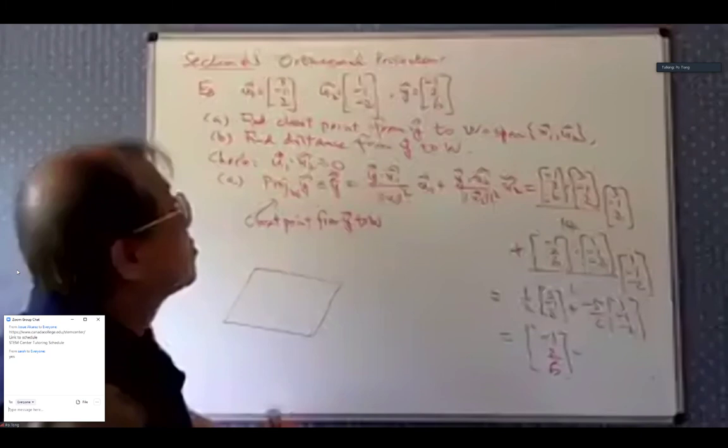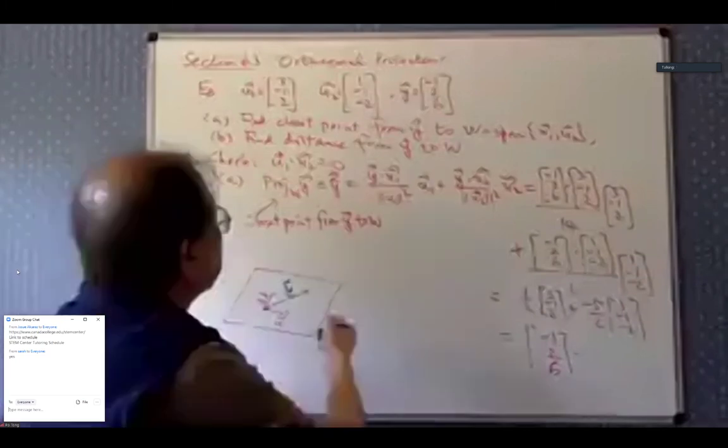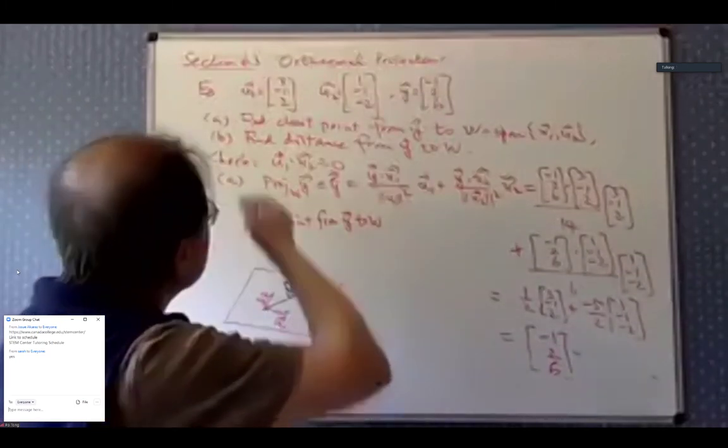My y is already lying here. So the projection will be itself in this particular case, okay? So the closest point will be y hat, which is this answer here, which turned out to be itself.